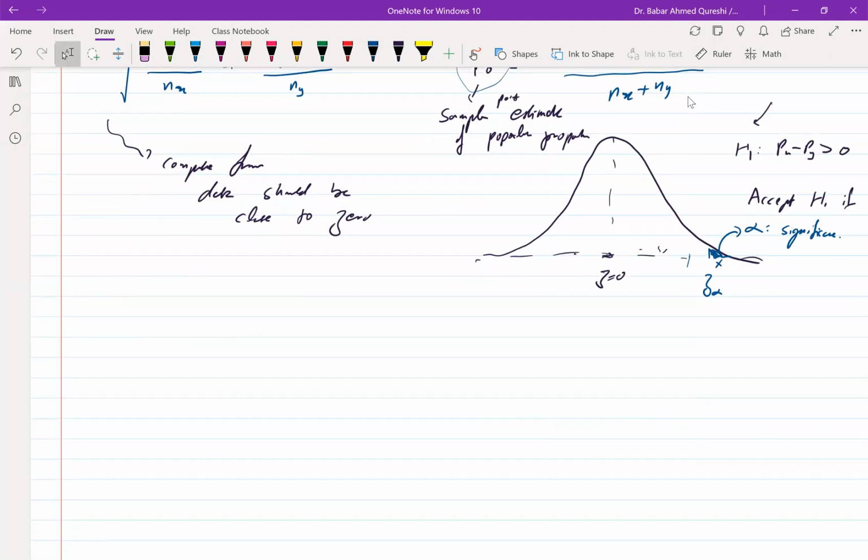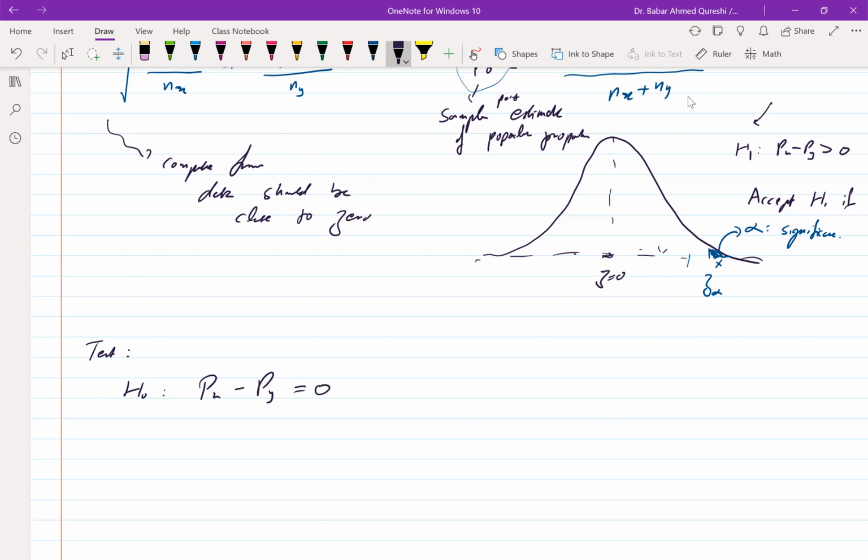So what I need to do, I can write the whole test here. H naught, these are the population proportions.